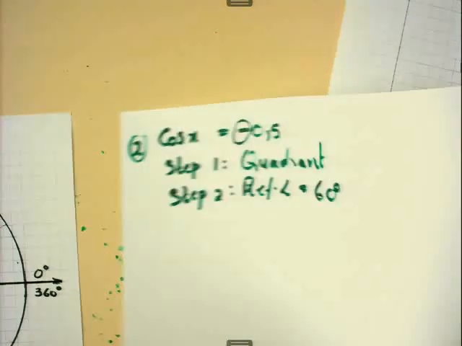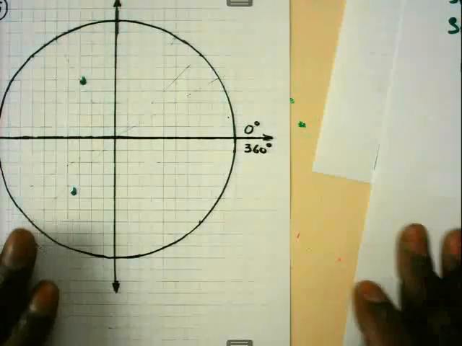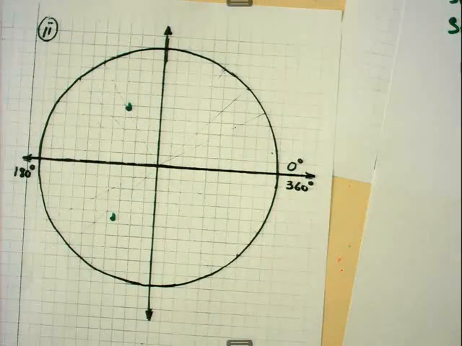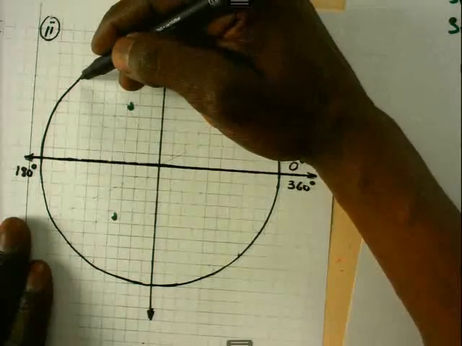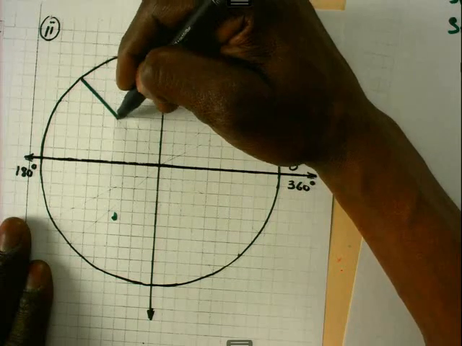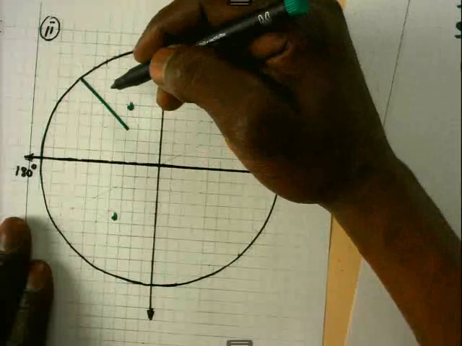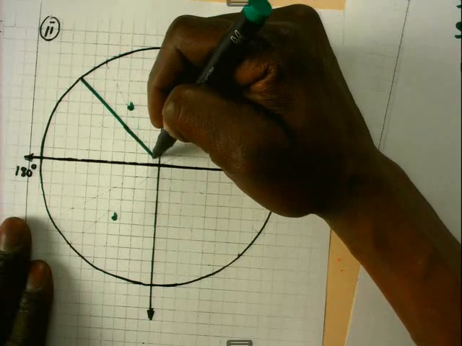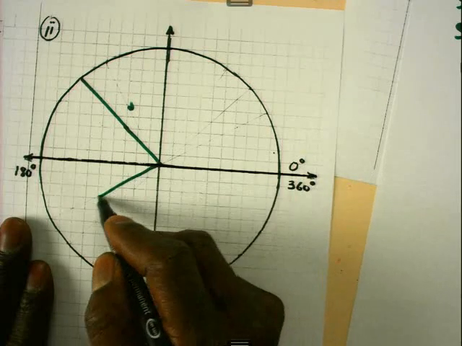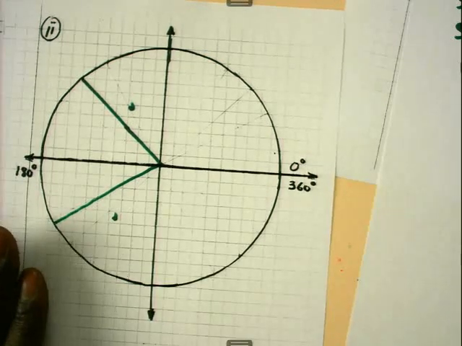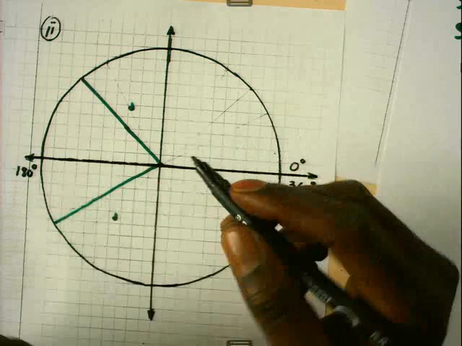Now we are going to work in the second quadrant and the third quadrant. So I'm going to make my terminal ray like that, and the other one like that, showing that we are working in the second quadrant.